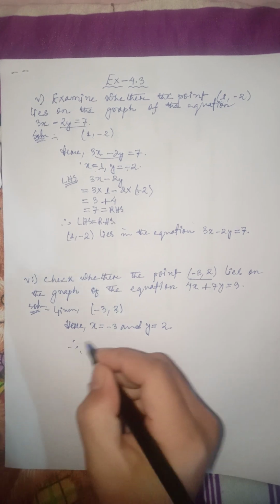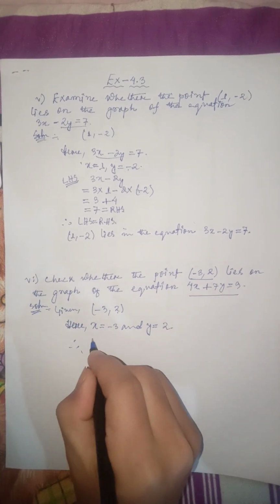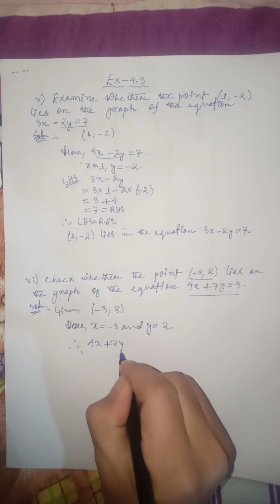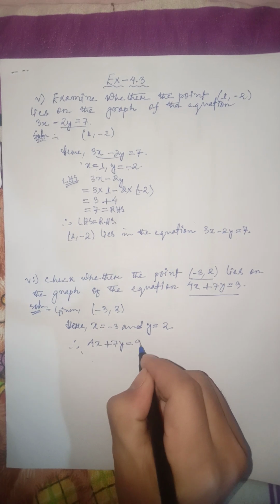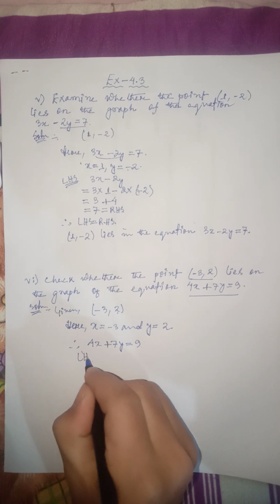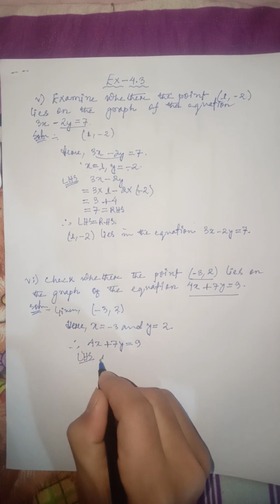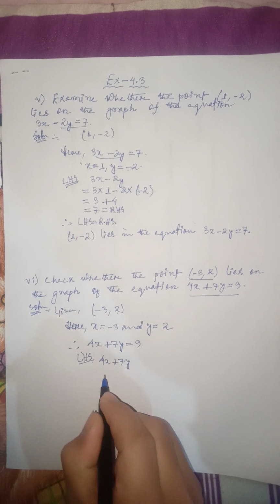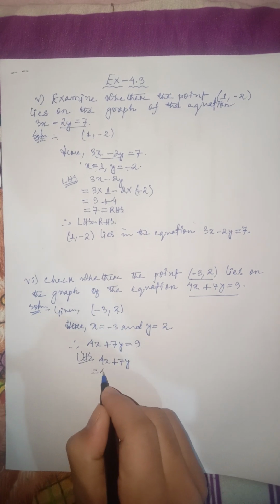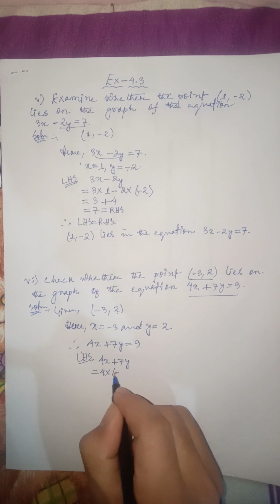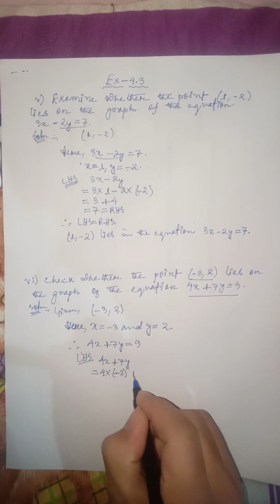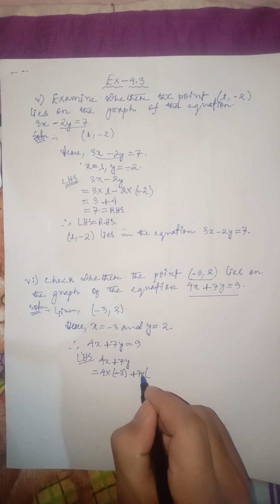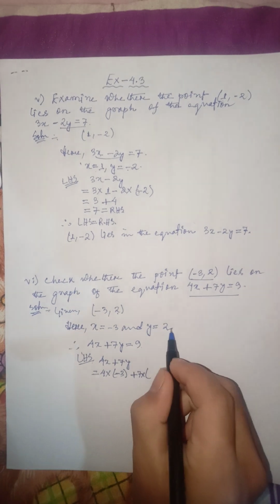And now let me write the equation. It is 4x plus 7y equal to 9. Let me take the left hand side. It is 4x plus 7y. Now the value of x that we got from the point itself is minus 3, plus the value of y, which is 2.